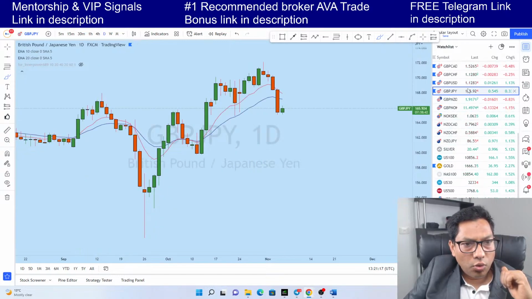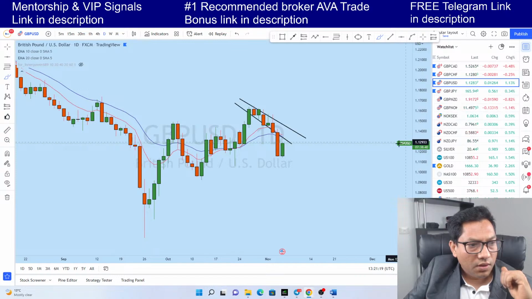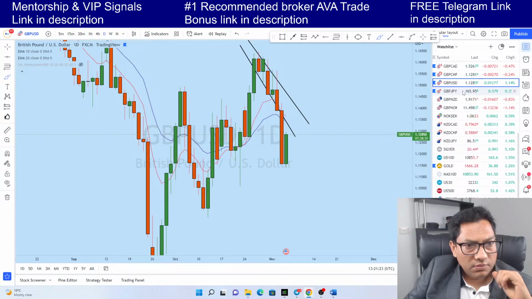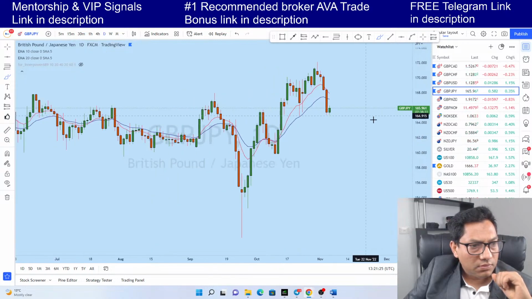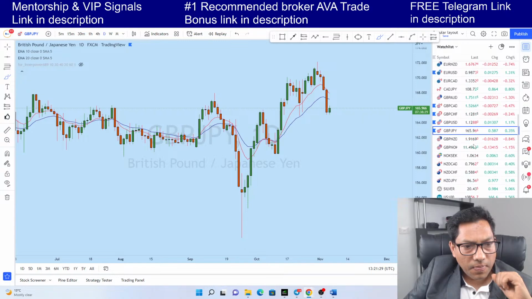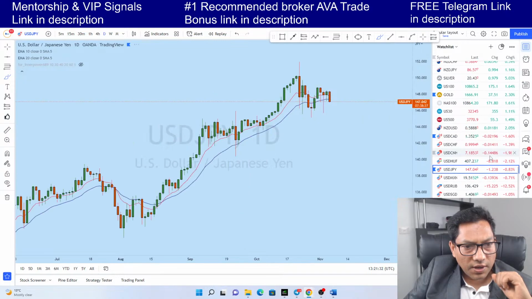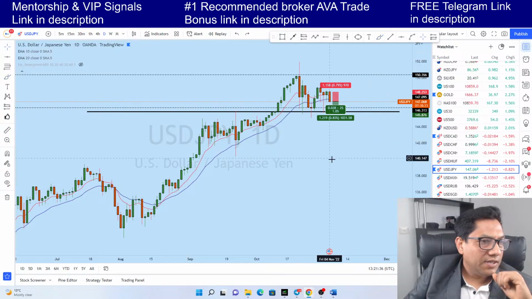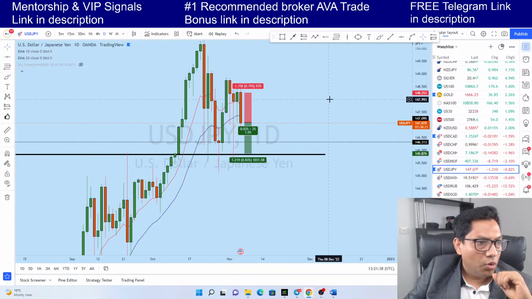Now let's go back to dollar yen again. Yes, it looks like we might see some downward move in dollar yen.